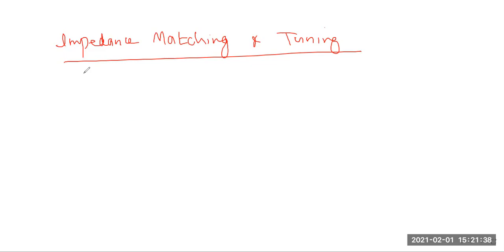So you cannot use the same impedance matching circuit in all situations. Depending upon the problem and application, you have to find out which particular impedance matching circuit is suitable for the case. Also, you need to understand that in some cases, no matter what you do, your circuit is not going to be matched, even if you use an impedance matching circuit.